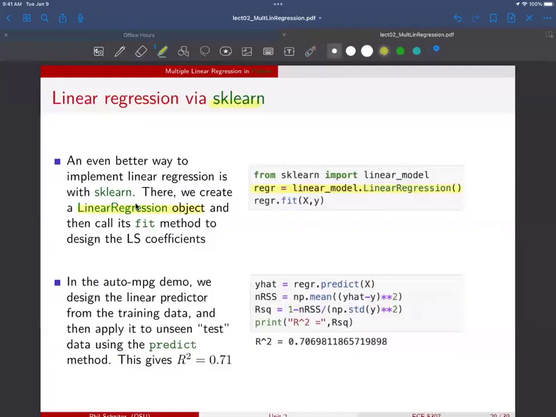Once you instantiate it, you basically set it up, and now you can get access to its functions. What we can do next is regression.fit. We call the fit function in that object, and now we have to give it the training data, so we give it the X matrix and the Y vector. When we run this, internally it computes the beta coefficients and stores them. It doesn't spit them out unless you ask it to do so.